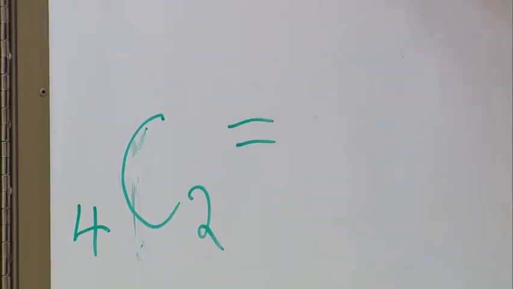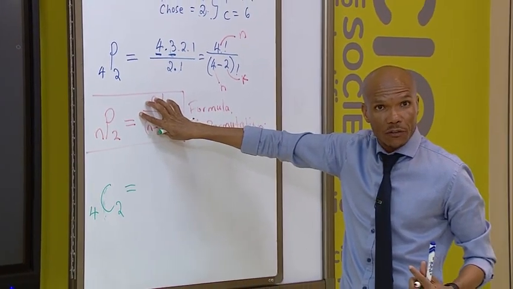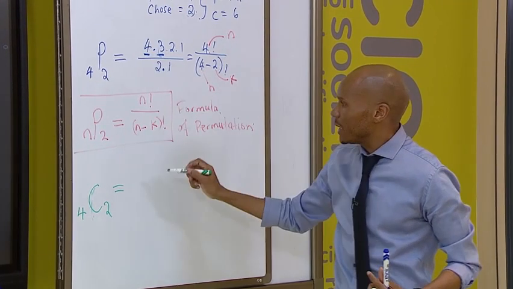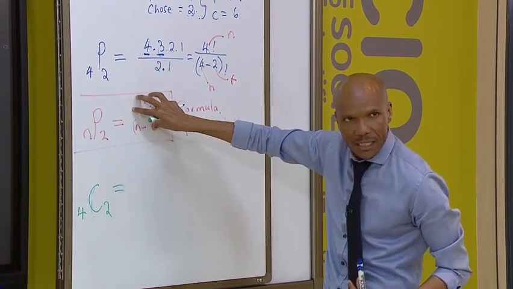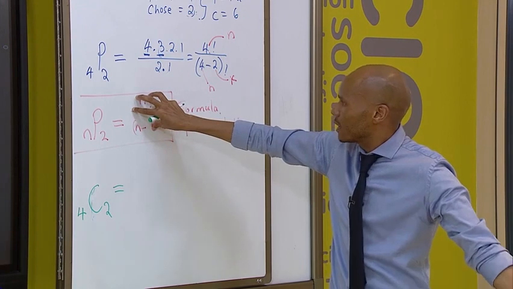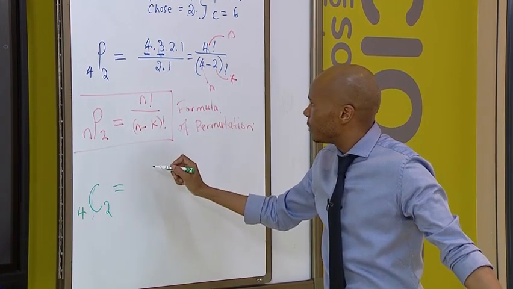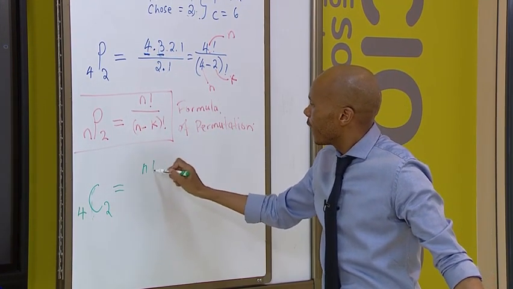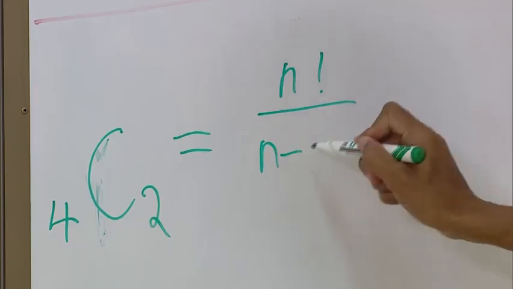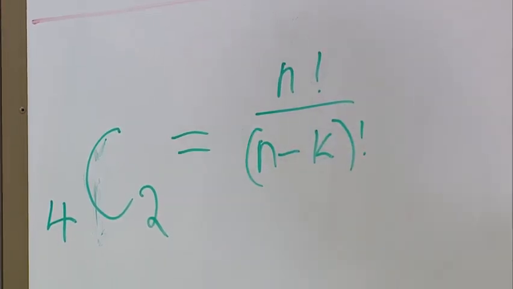We know that we had 12 initially. So 12 was given using this formula, right? We got 12 using this formula. And so that would be n factorial divided by n minus k factorial.